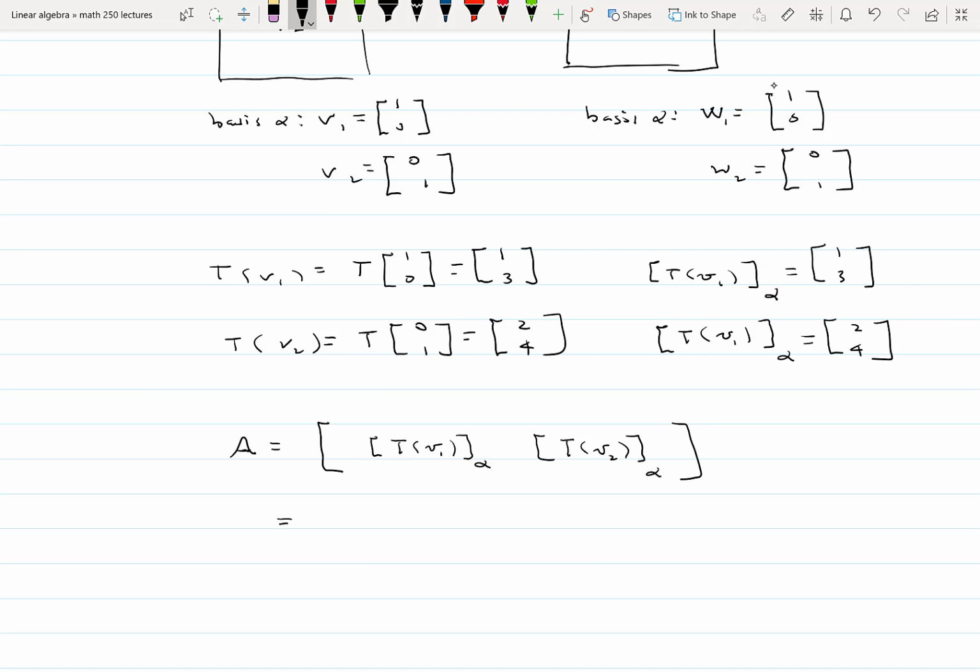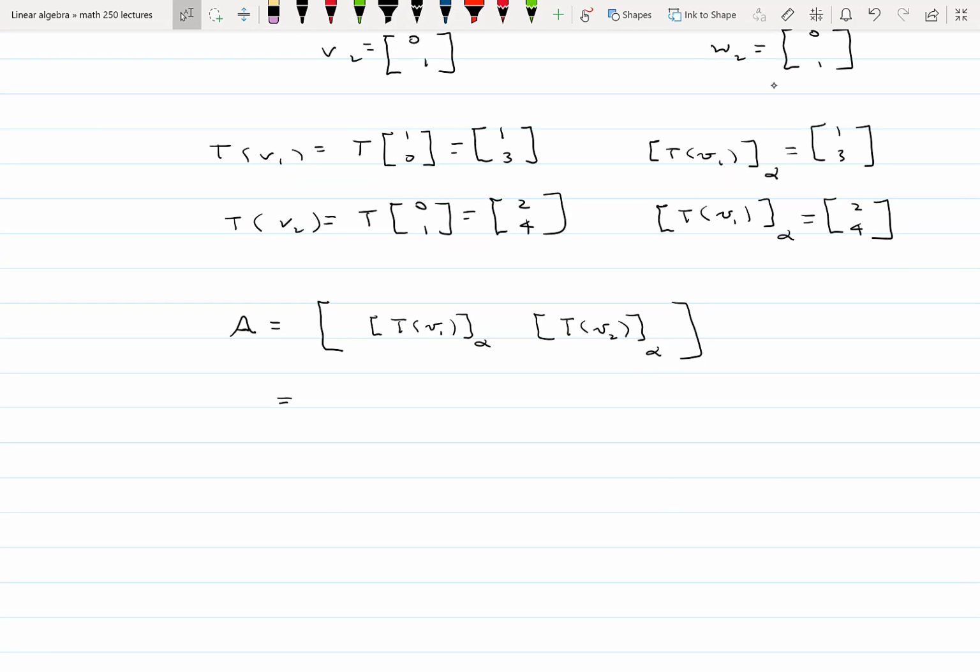So if we define A as the matrix consisting of the coordinate vectors, then the coordinate vector of T of V1 with respect to alpha is 1, 3, and the coordinate vector of T of V2 with respect to alpha is 2, 4.